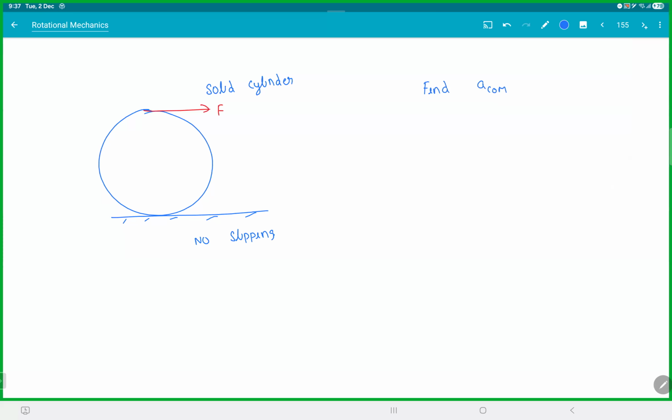Get this fast. Second question, where should F be applied so the friction is 0? Same thing, I just change the shape. Get this, now you know how to do this thing.